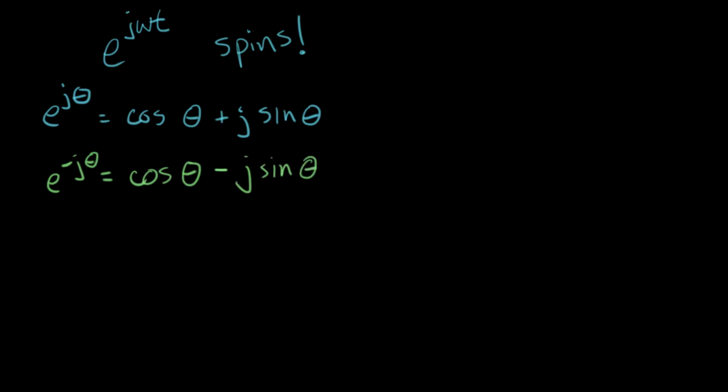Now if I go and plot this, what it looks like is this. If I plot this on a complex plane, and that's a plane that has a real axis and an imaginary axis. Now we remember that j is the variable that we use for the imaginary unit. j squared is equal to -1, and we use that in electrical engineering instead of i.